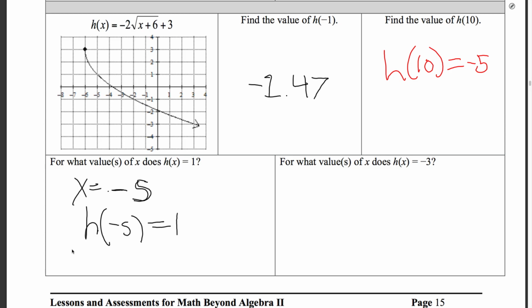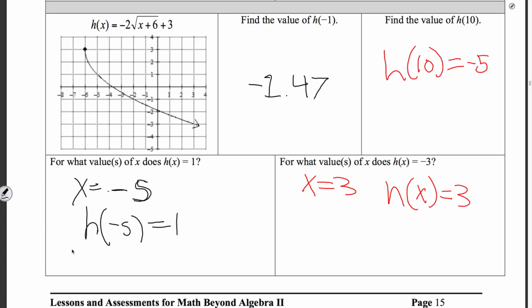So x equals 3. Yeah, come write it up there for me. X equals 3, and then put h of 3 equals -3. So make sure you're practicing writing it in multiple ways, guys, because you're going to want to be familiar with those as you see them written. If I give you h of 3 equals -3, or if I give you x equals 3, right?